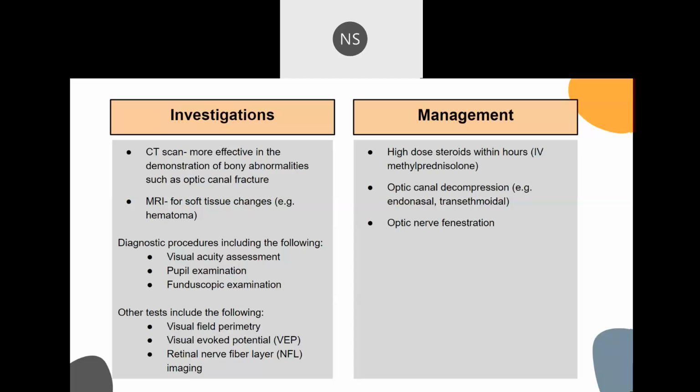Other tests could be visual field perimetry and visual evoked potential, which can be helpful in unresponsive patients or in cases with concomitant ocular injury. And retinal nerve fiber layer imaging to assess and monitor for nerve fiber layer axonal loss during the period of follow-up.